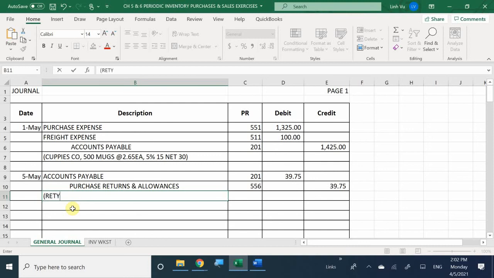I'm just going to say return 15 broken mugs at $265 each for full refund.